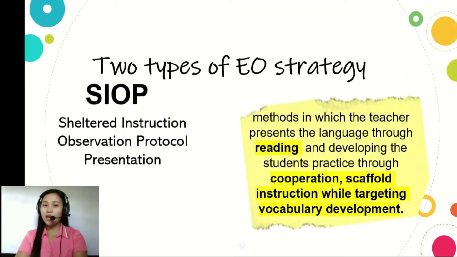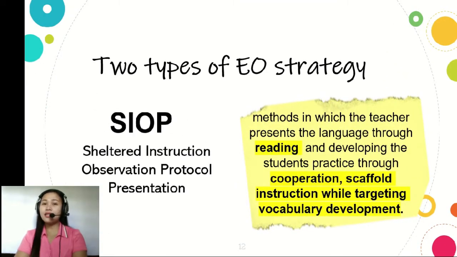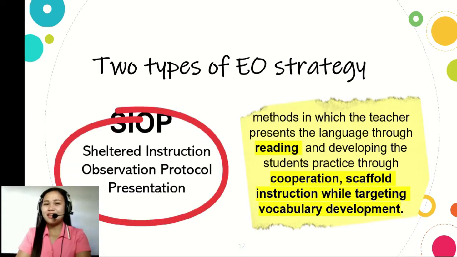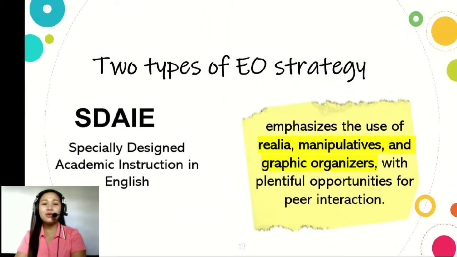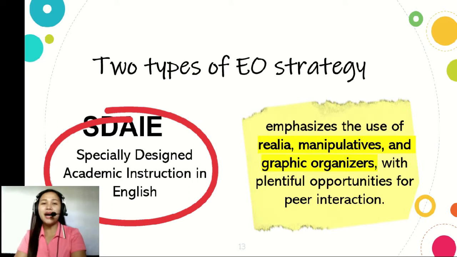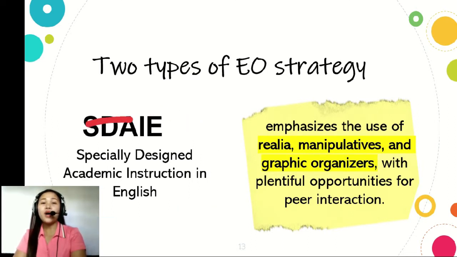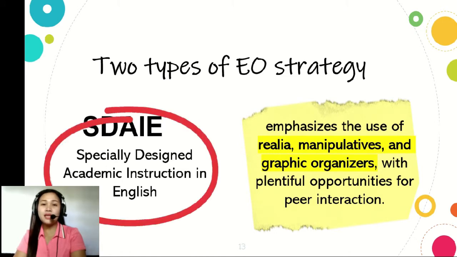The SIOP is the method where the teacher presents the language through reading and developing the students through cooperation, scaffold instruction, and targeting vocabulary development. The SDAIE emphasizes the use of realia, manipulatives, graphic organizers, and opens more opportunities for peer interaction.